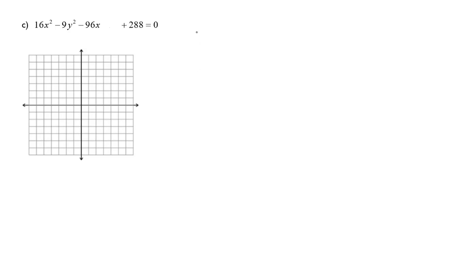So let's go ahead and group these by their x's and y's. That's going to give me 16x² - 96x - 9y² + 288 = 0. I'm going to bring that 288 over to the other side.